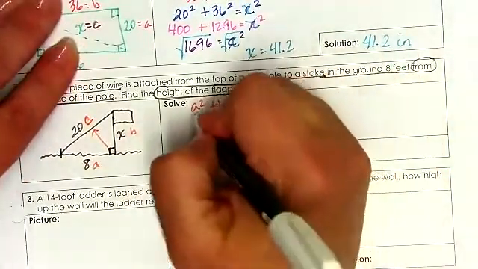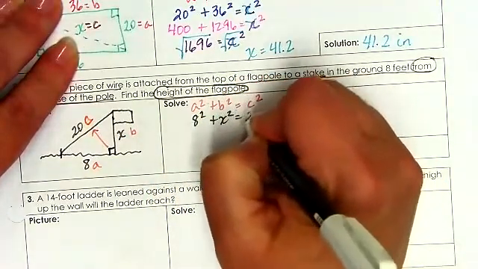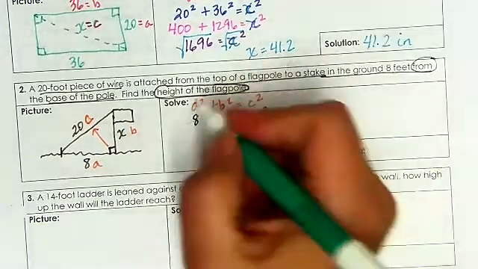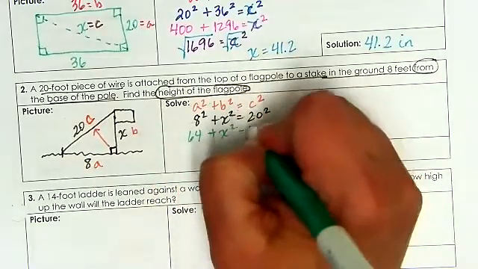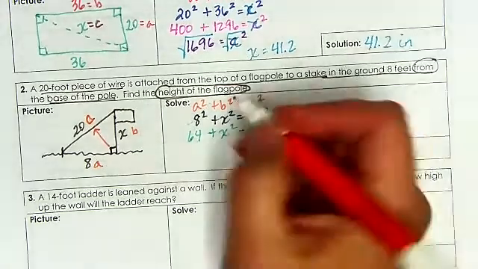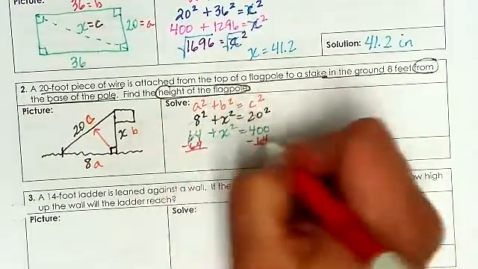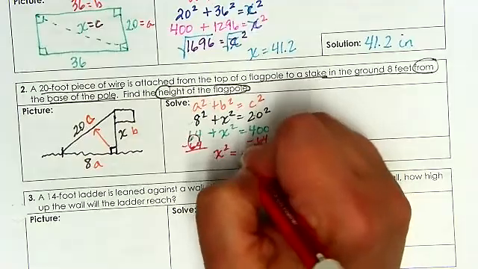So let's get this right. So I have A squared plus X squared equals 20 squared. Now that we have it plugged in correctly and labeled correctly, we simplify. So I have 64 plus X squared equals 400. We subtract 64, subtract 64, and we get X squared equals 336.